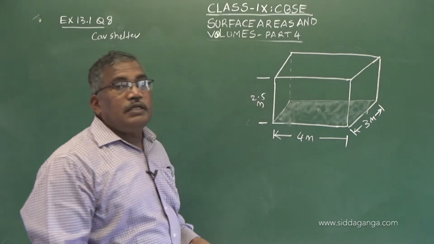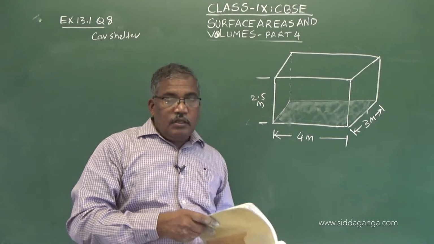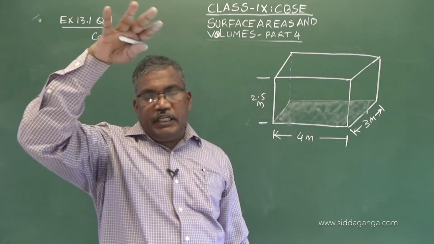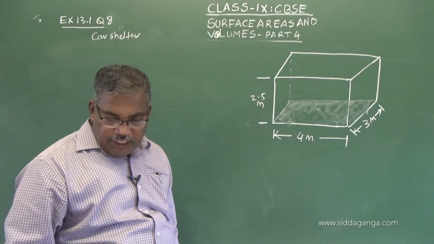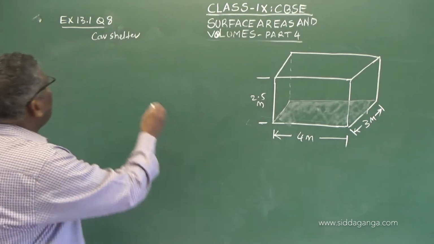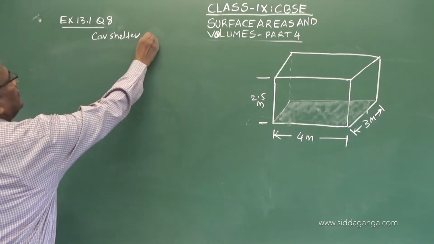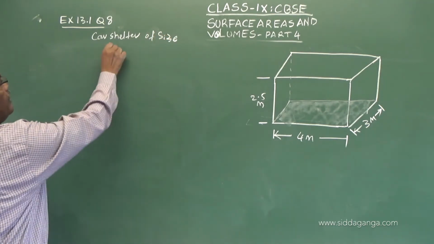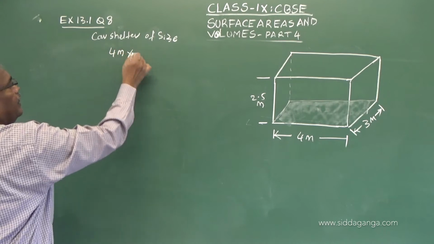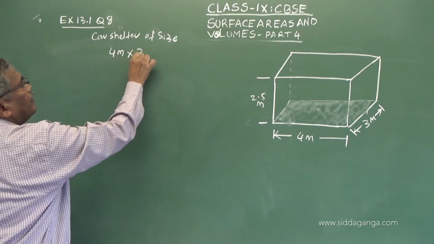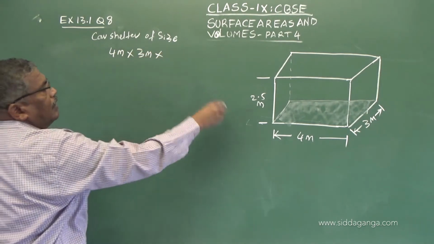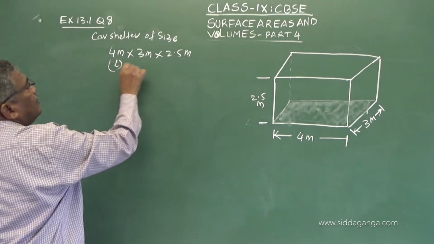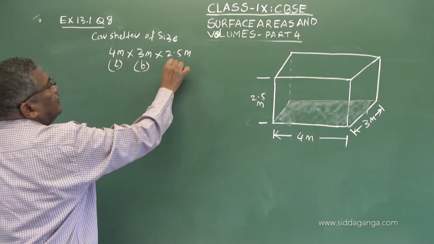So what we have to calculate? The lateral surface area plus the top. So therefore, car shelter of size 4 meter into 3 meter into height 2.5 meter. You can take this as L, this is B and this is H.